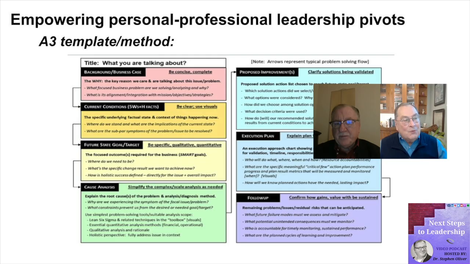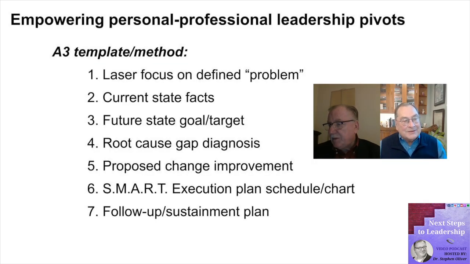So, the way A3 works is 7 elements. You have to define the problem with laser-like precision. What is it that you're trying to solve? You define what the current state is, the facts. You envision and enumerate what the future state is that you're trying to achieve, and your target, qualitative and quantitative, ideally. You do a gap analysis at the root cause, drilling down between the current and the future state. And that identifies for you what actions you need to take to close the gap.